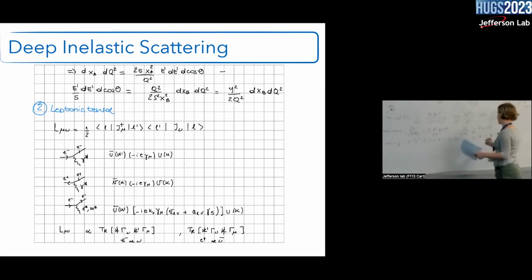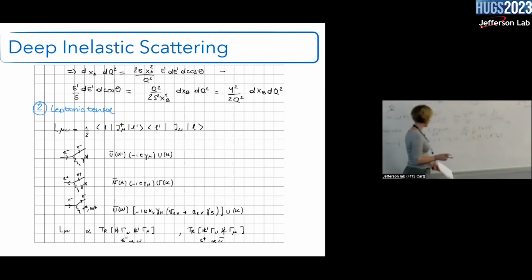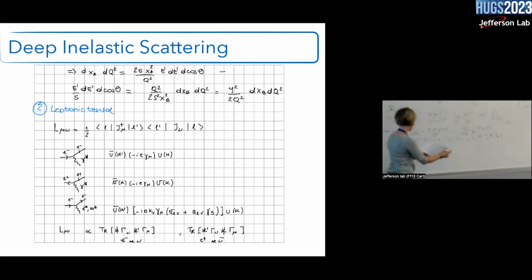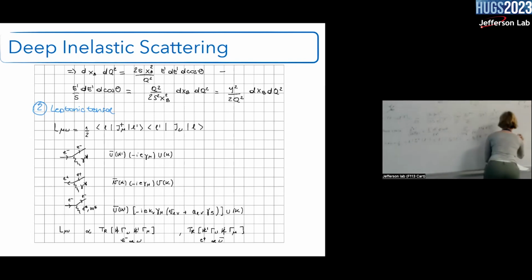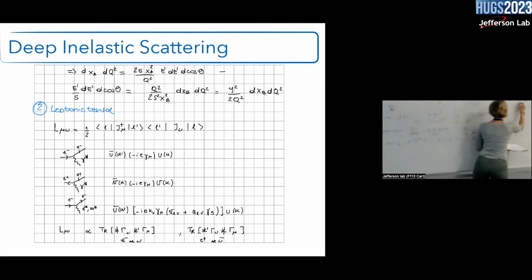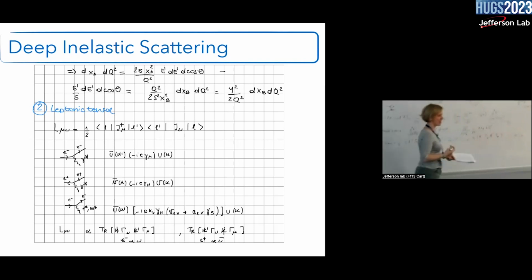And be careful for exercise number 2: whenever you have a neutrino or antineutrino, these two can be swapped. When you have an electron or neutrino, you swap the two if you have an e plus or antineutrino. It's just because the arrows go in the opposite direction when you write the trace, if you have U bar.